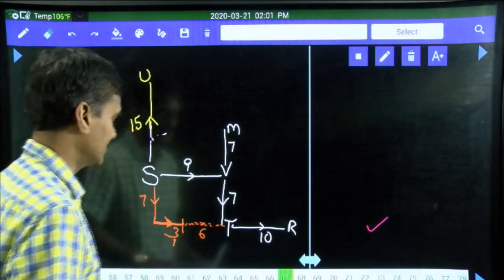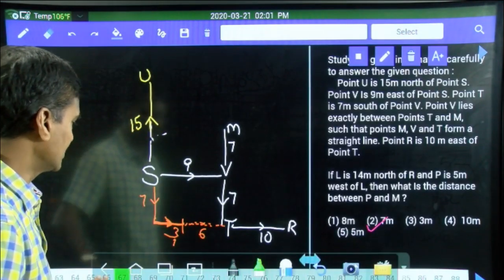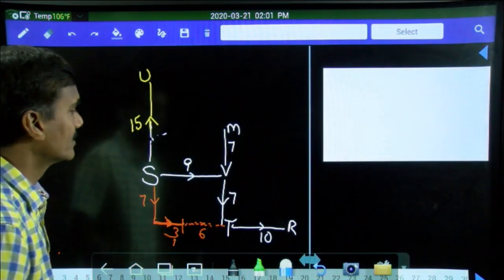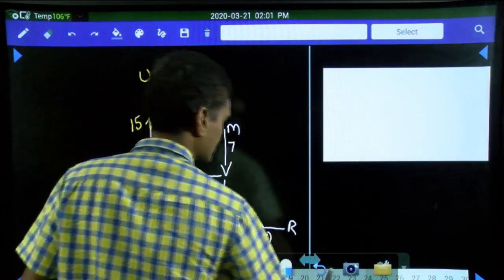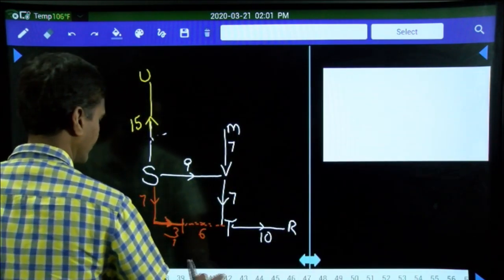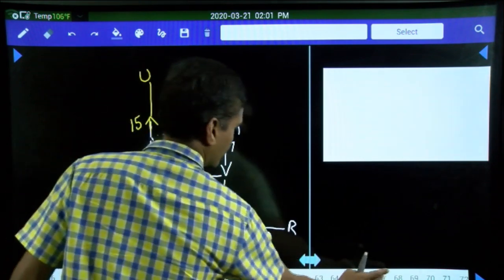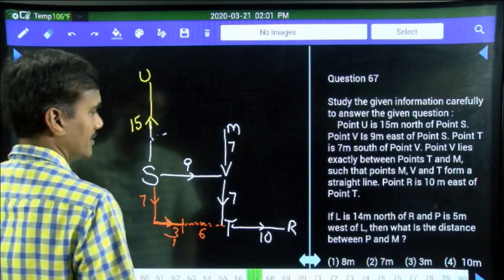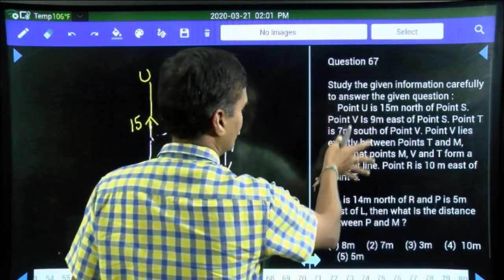Then question number 67. If L is, what is L?